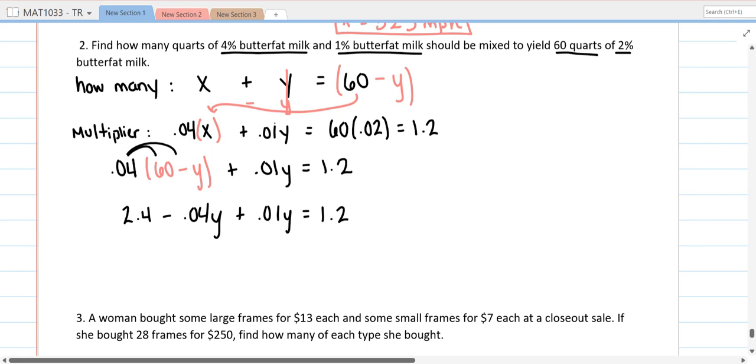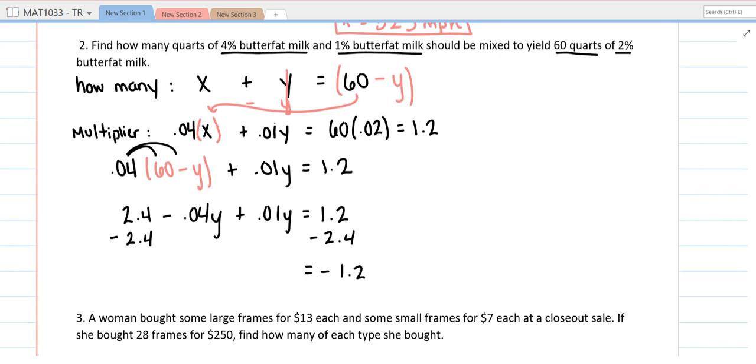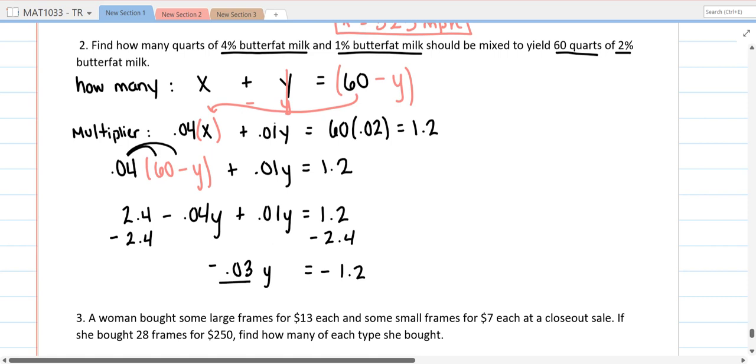And then we'll go through and solve this. So we'll subtract 2.4 from both sides, which should just be a negative 1.2. And then here we can combine negative 0.04 plus 0.01, so that should be a negative 0.03. And then we'll divide by negative 0.03.